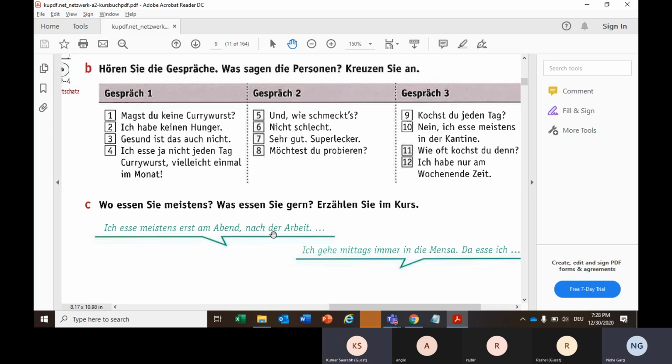Give your own answer. So ich gehe mittags in the cantina. In der Kantine, Dativ. Wo? Was essen Sie gern? Ich esse Pizza, not ich gehe Pizza. Ja, ich esse Pizza.